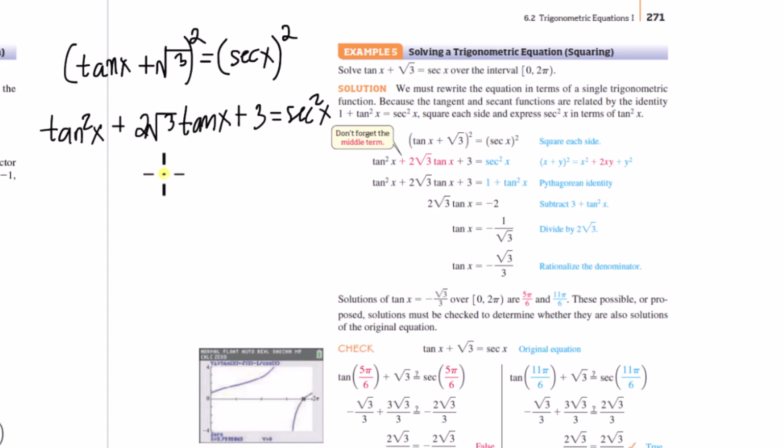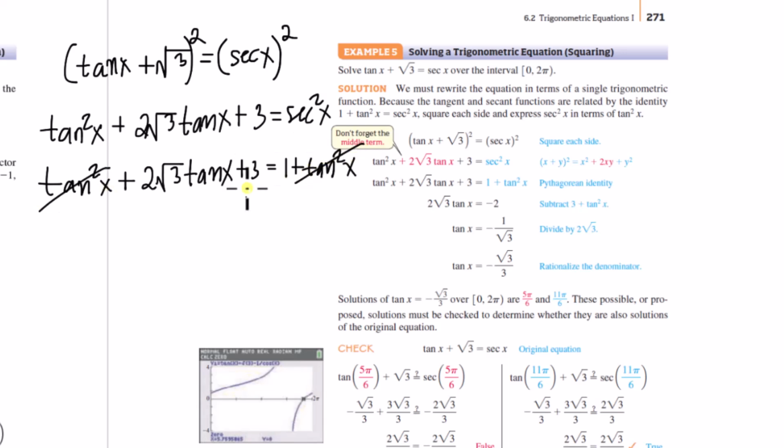Okay, and let's see. Now, what they did was they transformed this into 1 plus tangent squared x. And that works out because now you can subtract tangent squared of x from both sides.